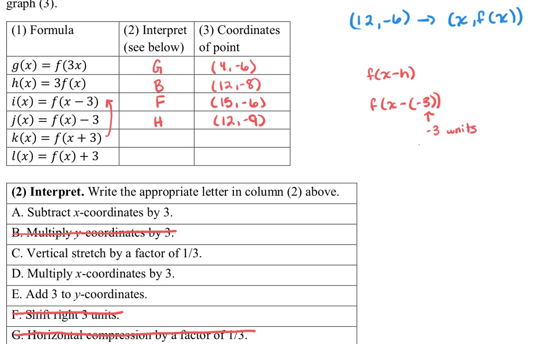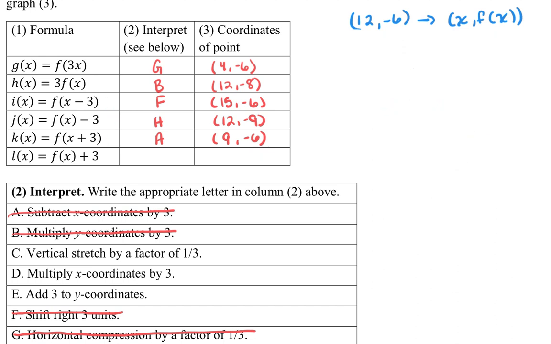So that means we are shifting 3 units left. So if we look here, that means we're going to subtract x coordinates by 3, and that will make our point look like 12 minus 3, which would be 9, and our f of x stays the same.